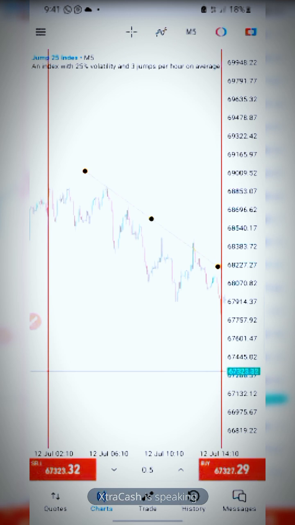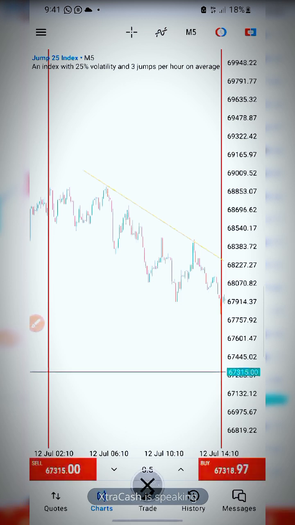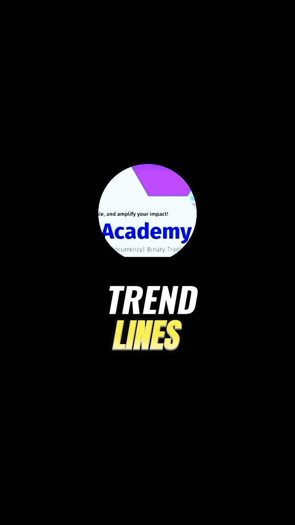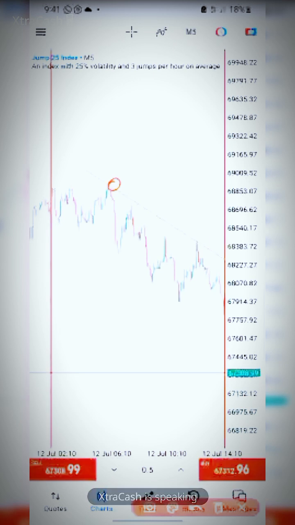Let's place our trend line. So you can see we have a reversal point here. So these are the two. For every trend line, your trend line must touch a minimum of 2 reversal points, minimum.